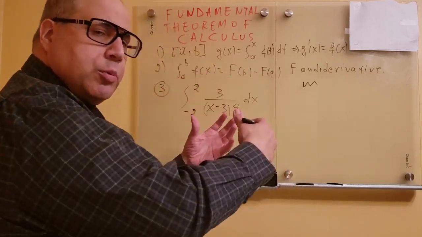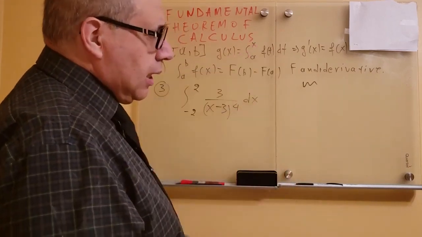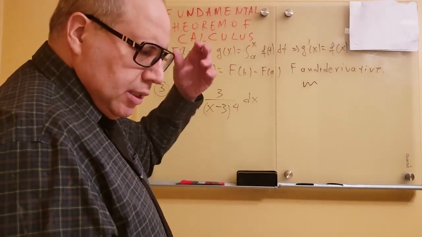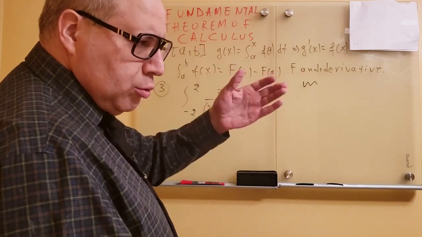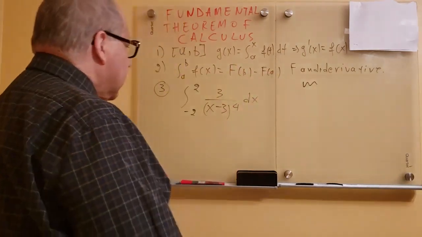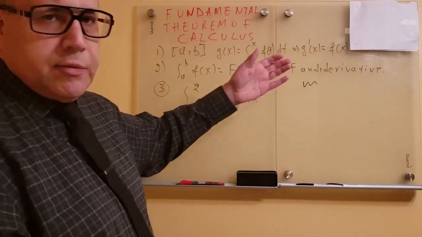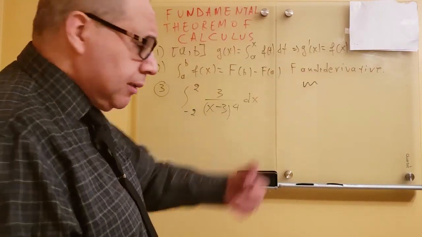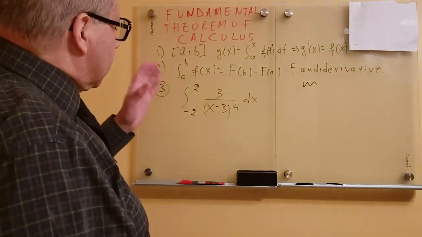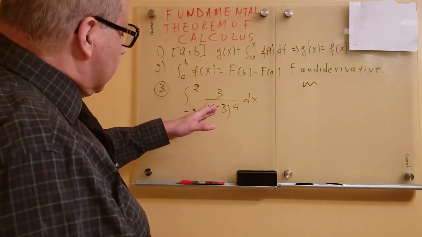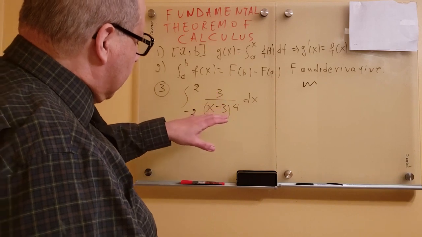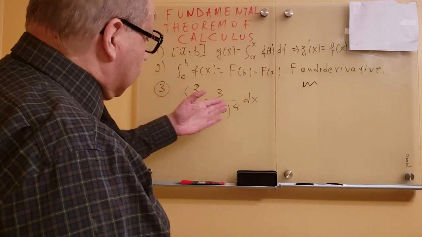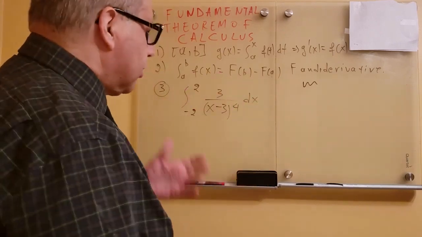Of course, when we do these problems, we assume that we can use all the material that we know up to now, which means that you can use the rules of integration, like the integral of x to the n is x to the n plus 1 over n plus 1, etc. Now here the problem is that on the denominator you don't have just an x to some power, you have x minus 3 to the fourth power.